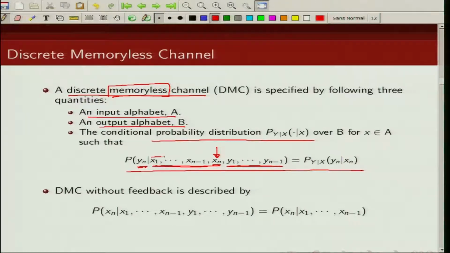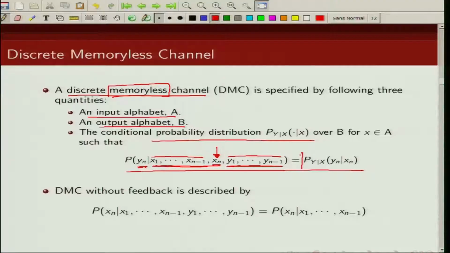Because it is memoryless, it does not depend on past values of the xi's, it does not depend on past values of y's. It only depends on the current value of x. So for a memoryless channel, probability of yn given past values of y's or past values of x, it only depends on the current value of x.